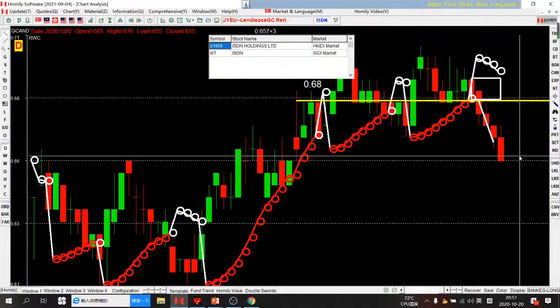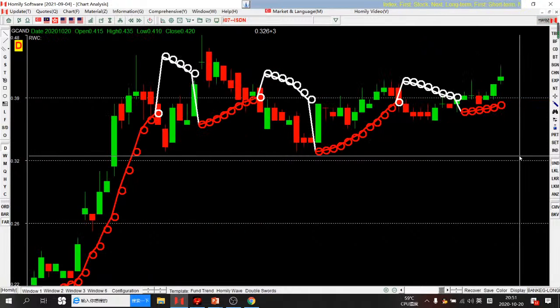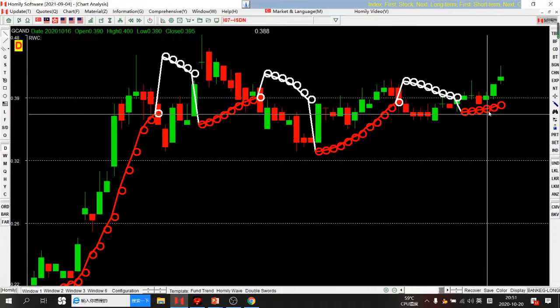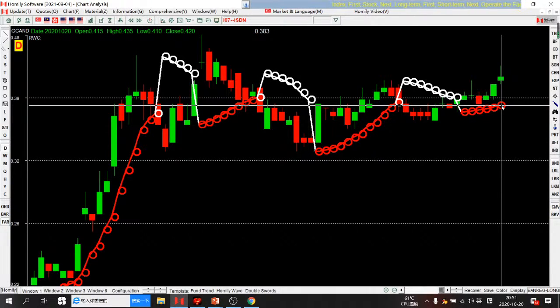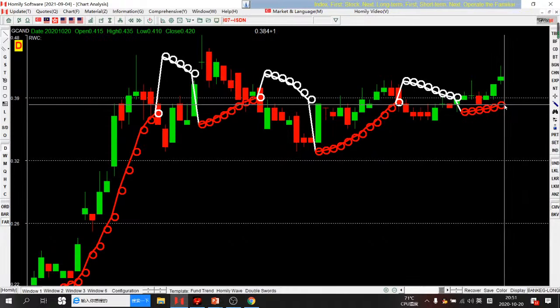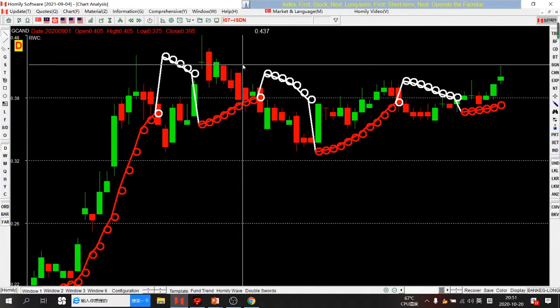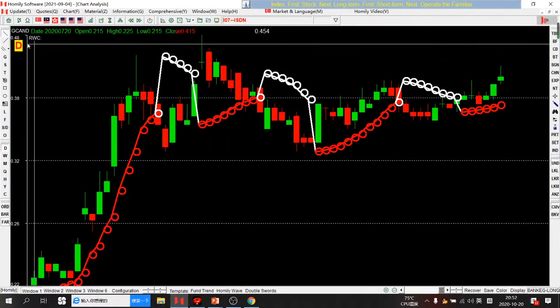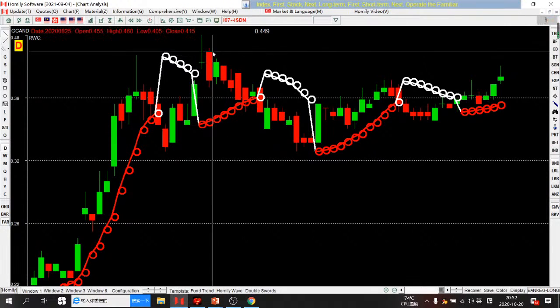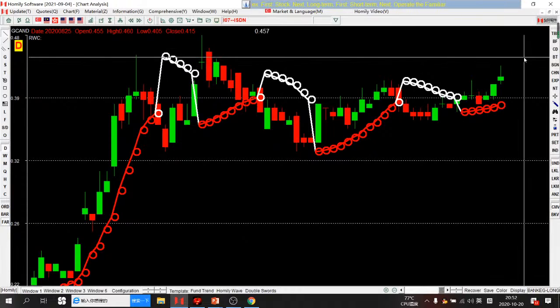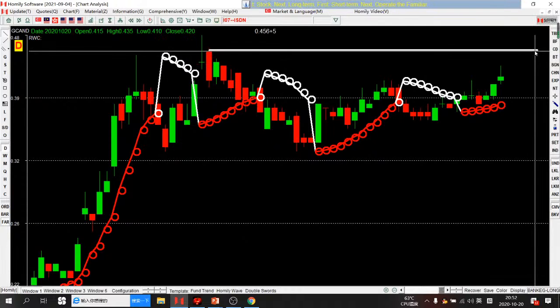ISDN. All right, ISDN actually is a red circle. All right, it's now red circle. But we learn from TA, the previous high will be resistance.